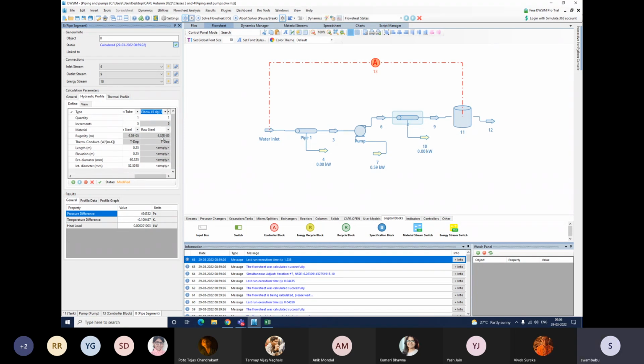Now we can again have the same material of construction, carbon steel. The length of the bend, what length we are using, how small, how big. So let's say this is very small.